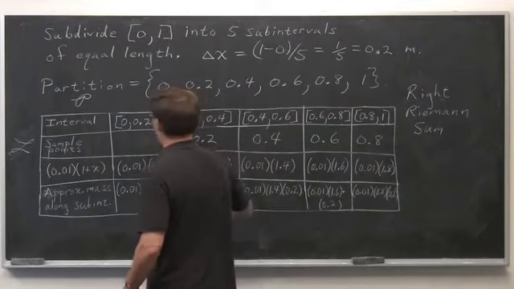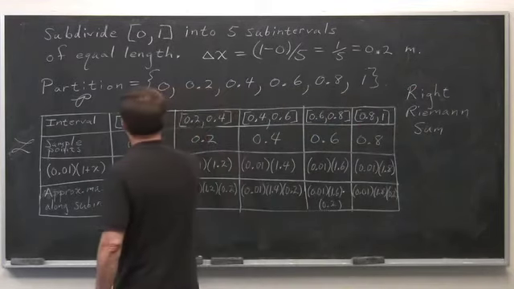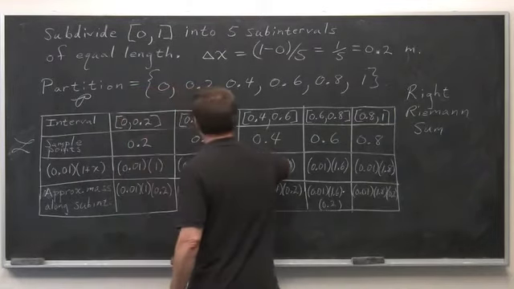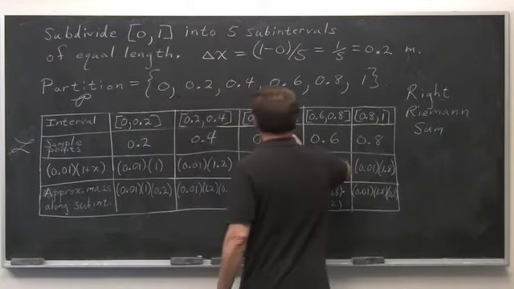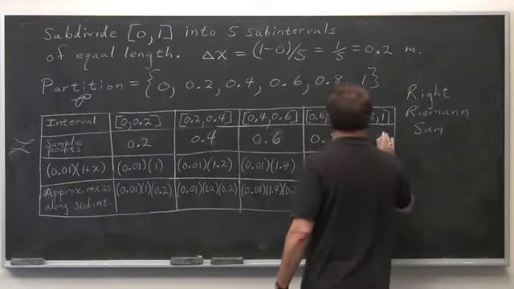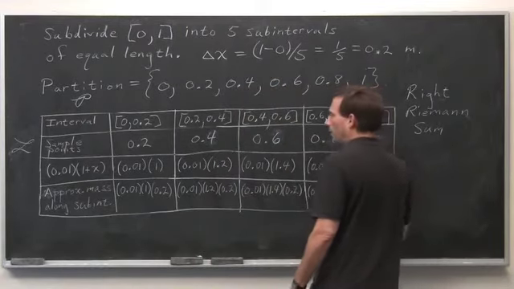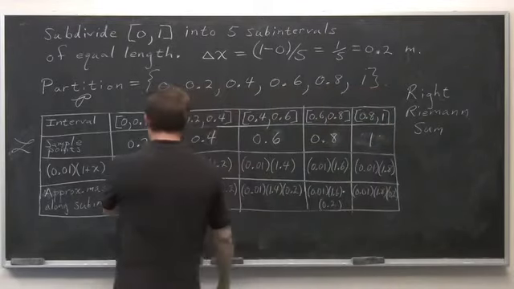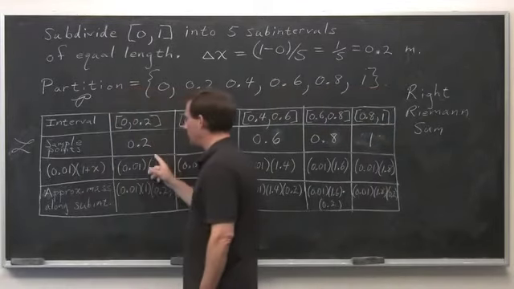So what happens? Well, here you'd have 0.2. And here, 0.4. You always use the right endpoint. Here 0.6, 0.8, here 1. Of course, this changes down here.